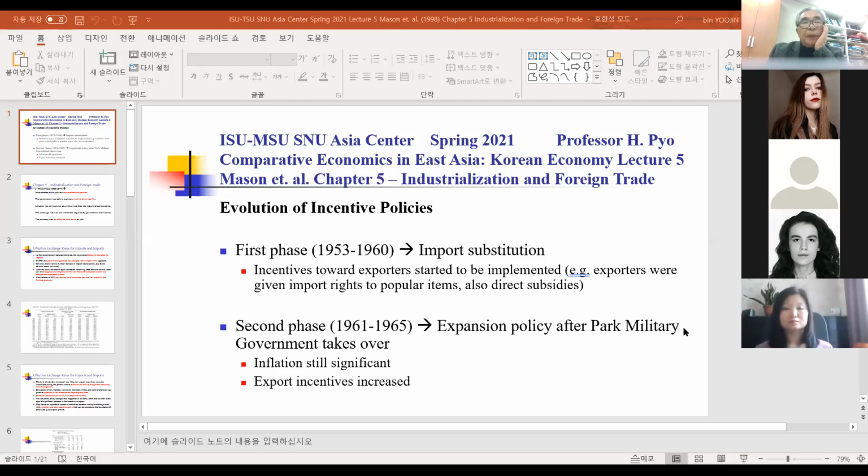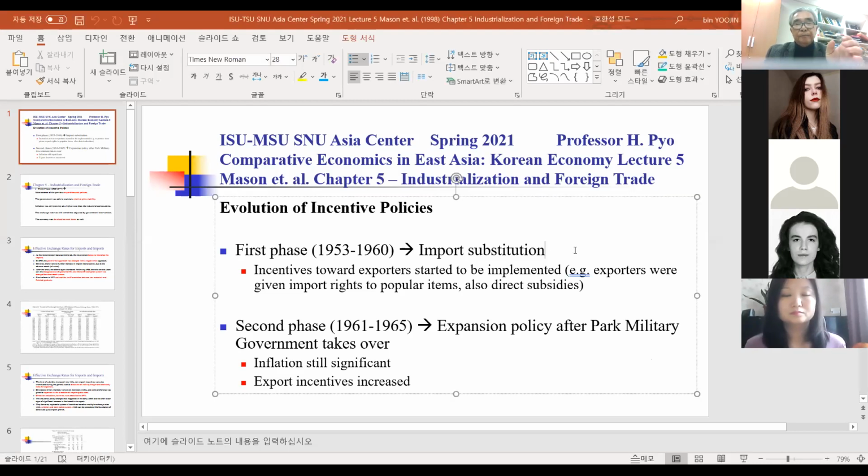Okay. We got stopped, but on import substitution, I will give you some important examples.